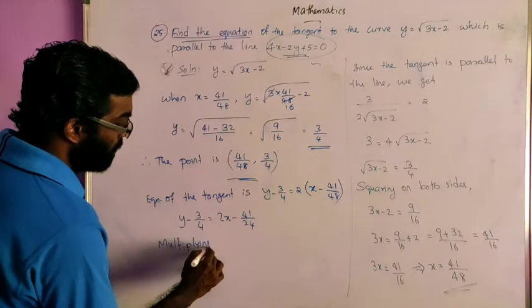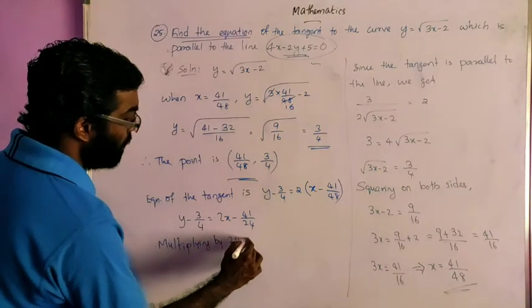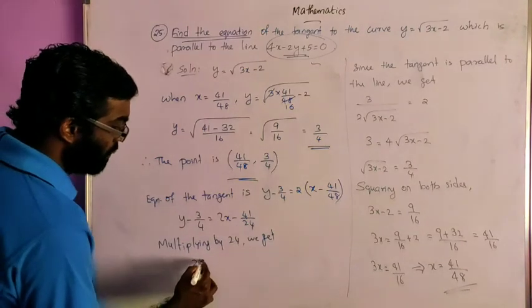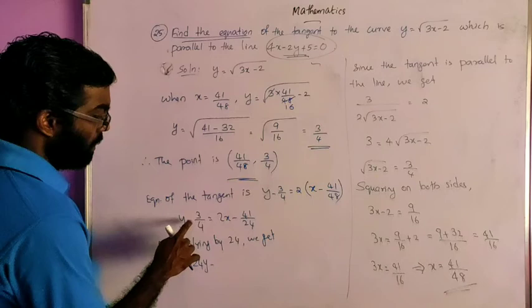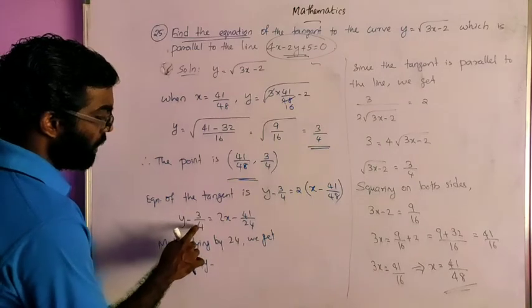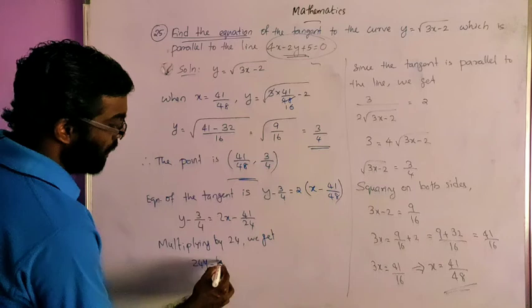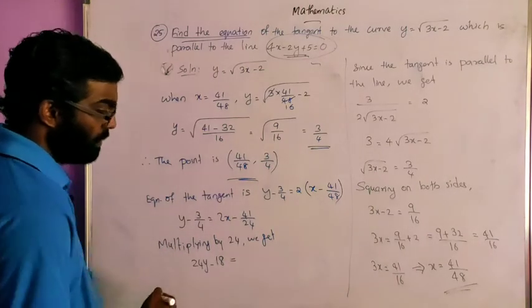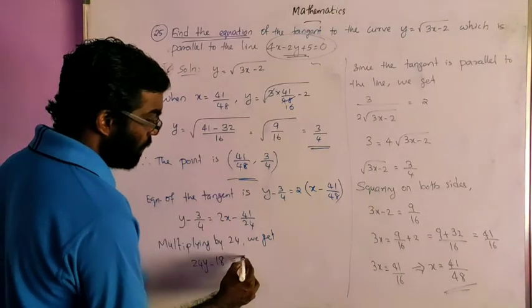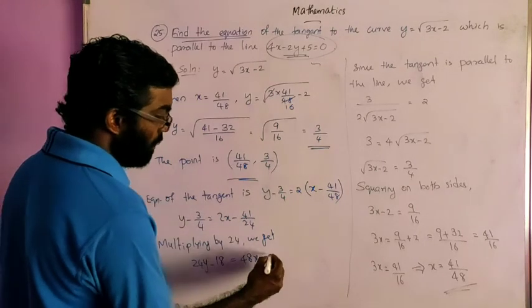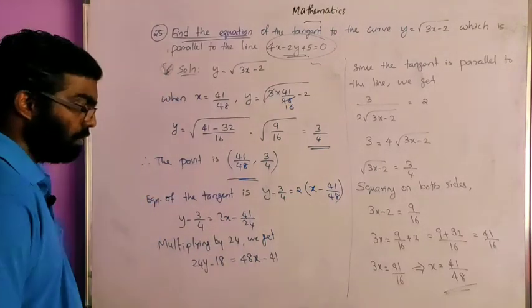Multiplying by 24 we get 24y, then minus 24 into 3 by 4. 4 and 24 cancel, 6 4s are 24, 6 into 3, 18. Here 24 into 2, 48x. And the last term, 24 cancels, we get 41, minus 41. Okay.